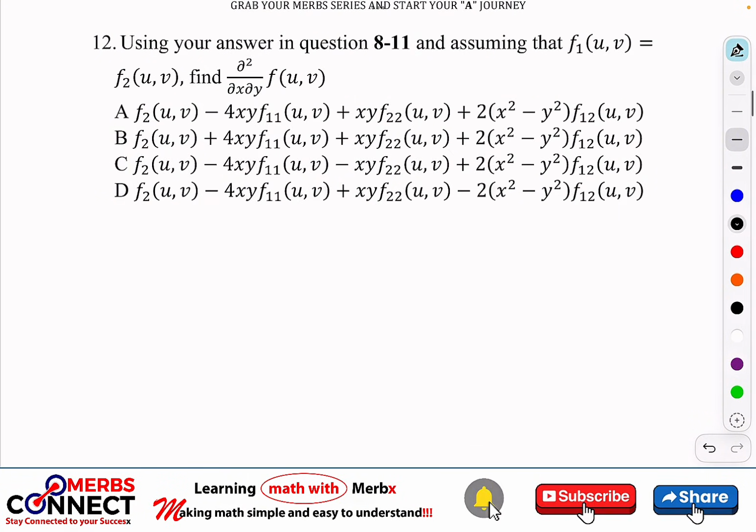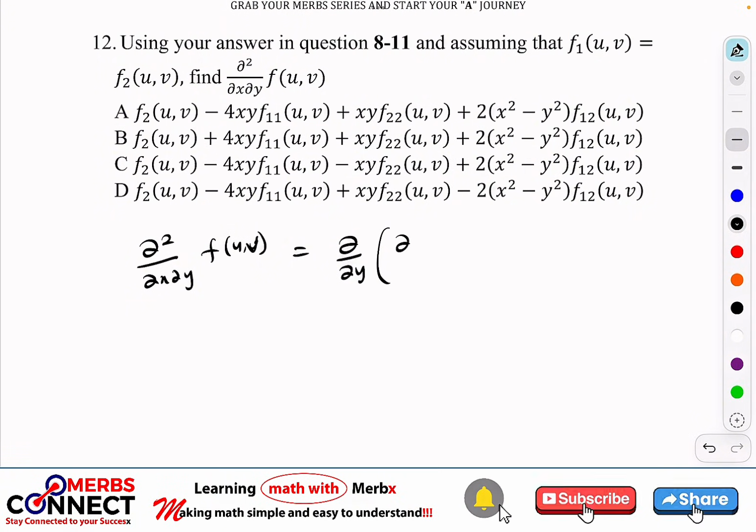So now we have this guy, X, Y of F of U, V. Now when you see this, this is the same as partial of Y and partial of X and partial of Y, F, right?